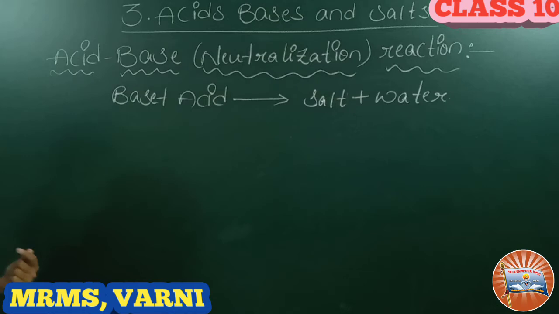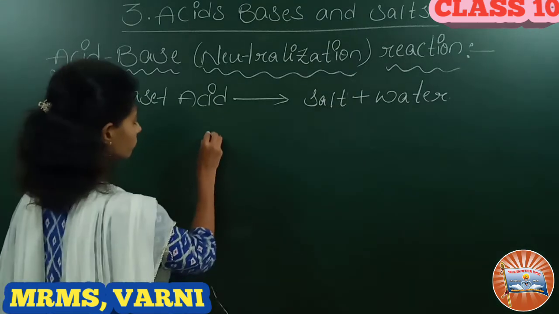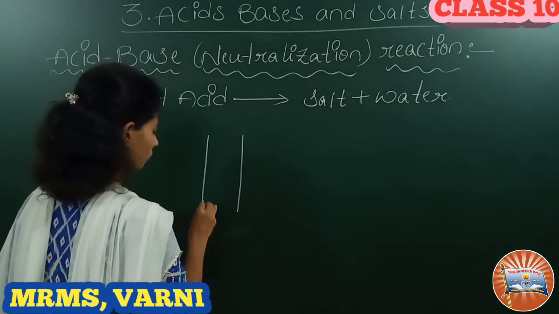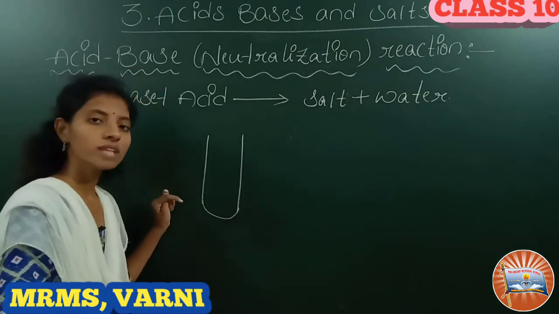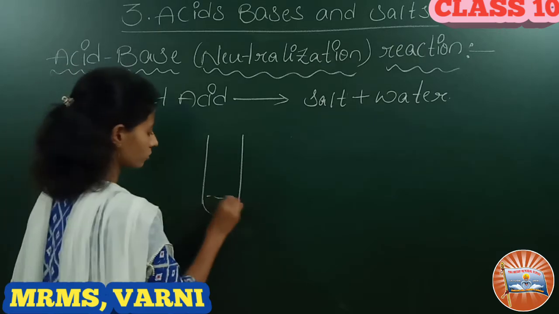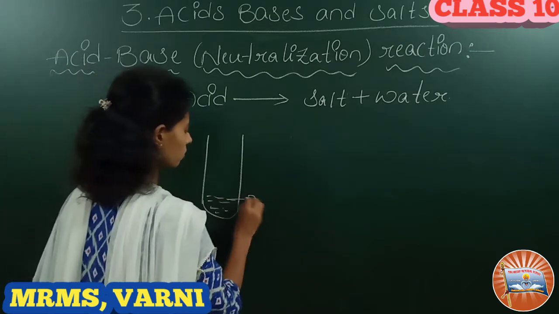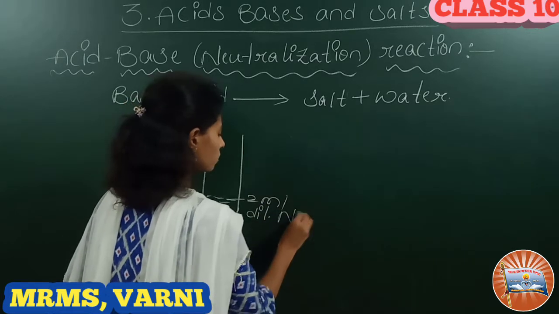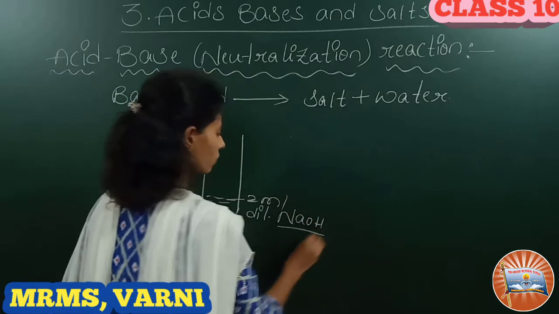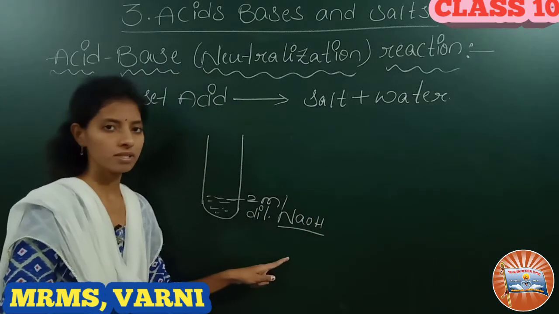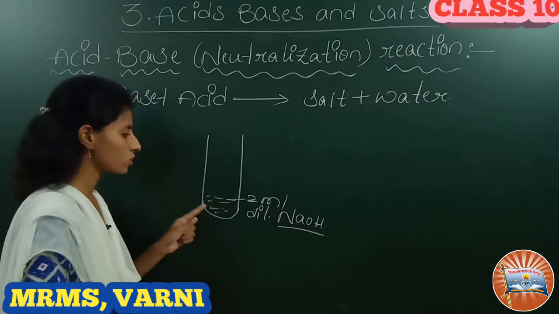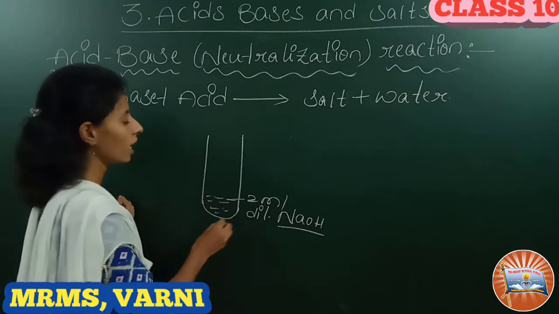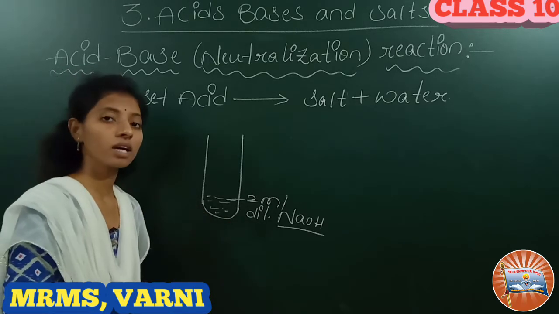So, here we need to take in a test tube 2 ml of dilute sodium hydroxide. We know sodium hydroxide is a base. To this solution, we have to add 2 to 3 drops of phenolphthalein indicator.